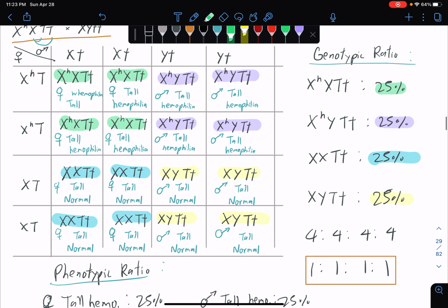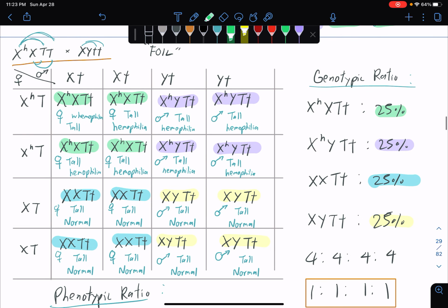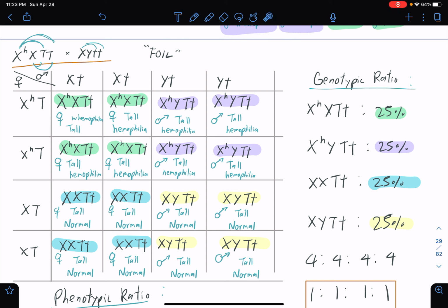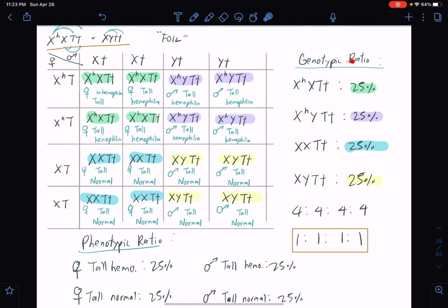There are circumstances, which I believe we've already encountered, wherein you do have the same phenotype, but the symbols are written in a different way. In that case, the genotypic and the phenotypic ratios are different.